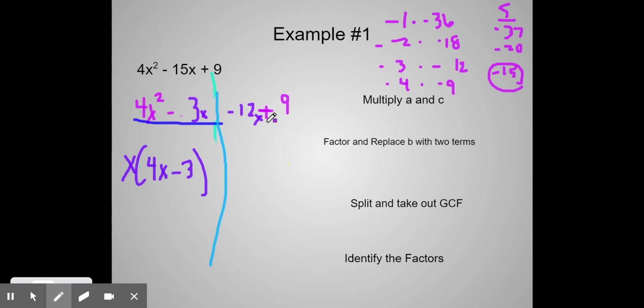Right? Over here, I can factor out a -3. I'm left with 4x minus 3 as well. So I can see that both of these quantities are in common.